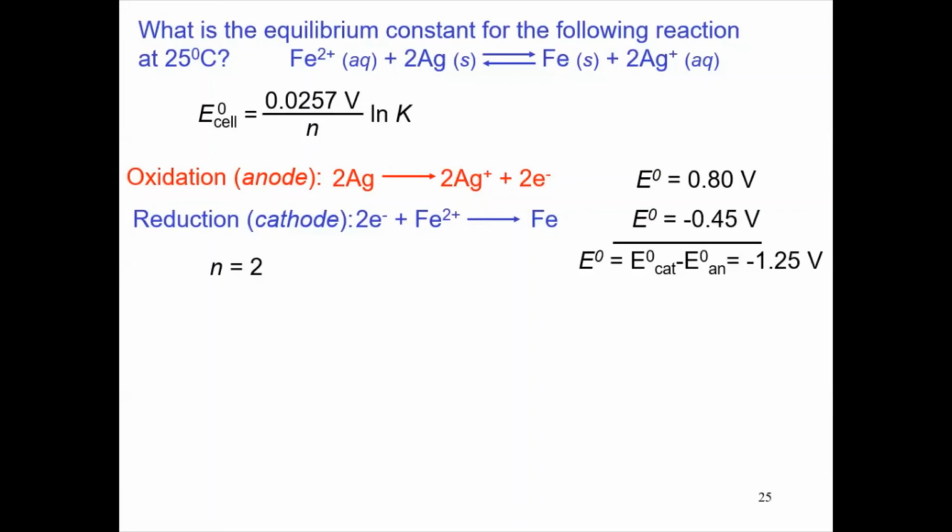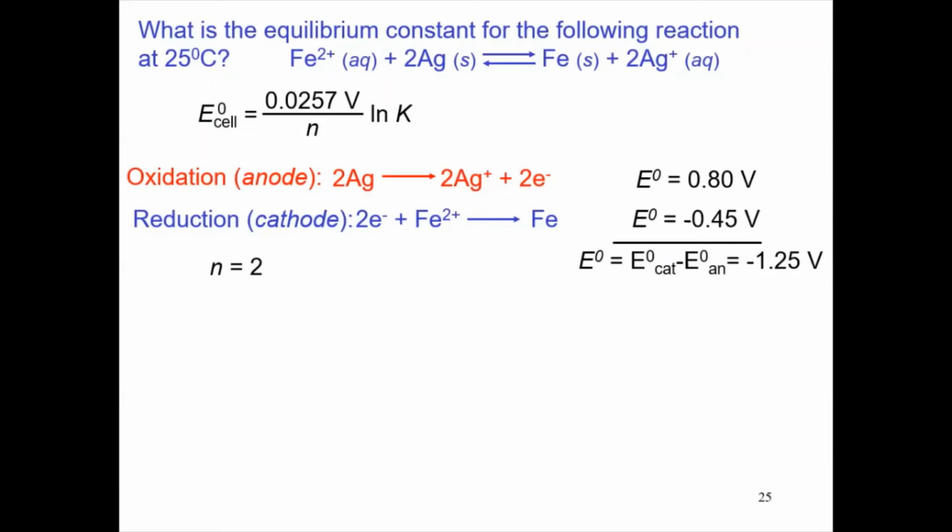The hint there is we're trying to convert silver into silver ions. We know that silver is a precious metal. It resists oxidation. So it was not very likely that this reaction was going to go spontaneously, because there are very few things that can be used to actually dissolve silver, in other words, oxidize it.